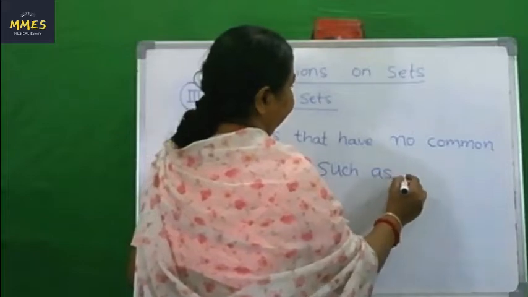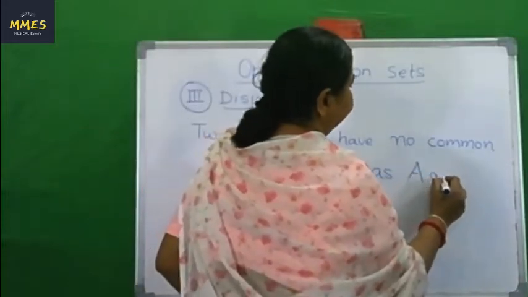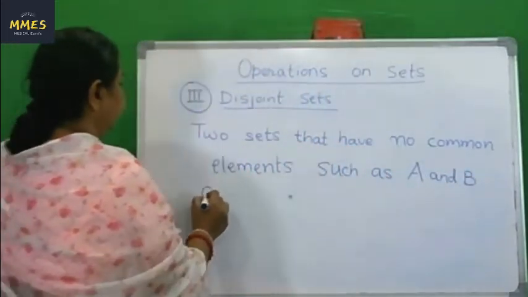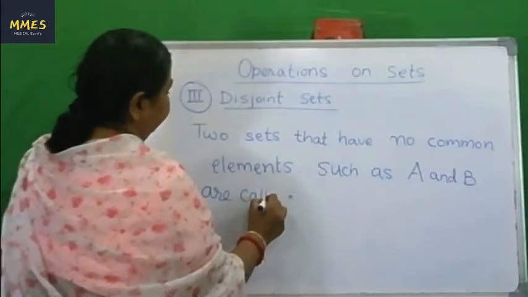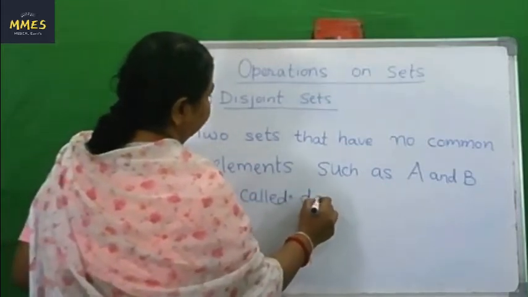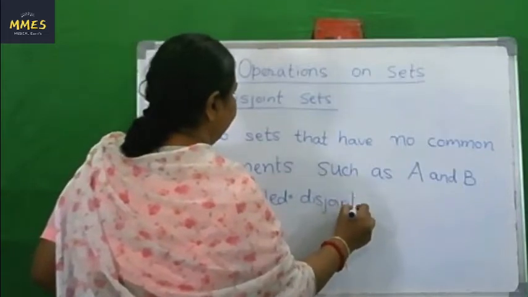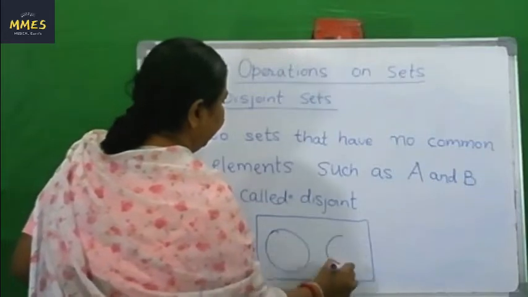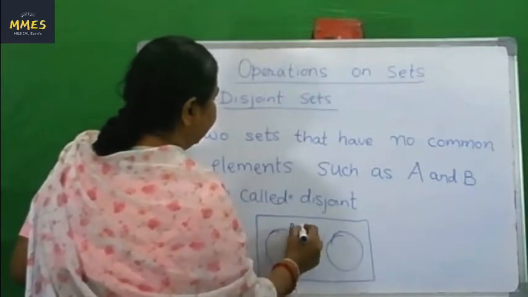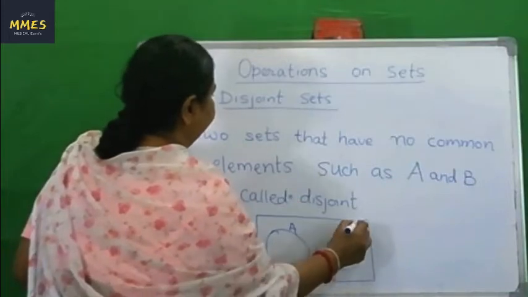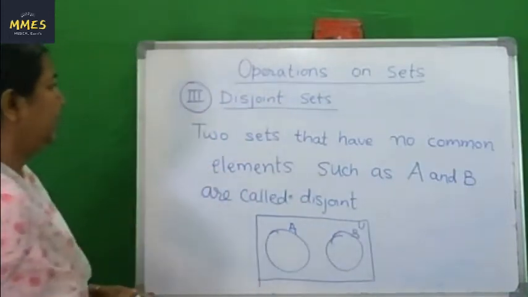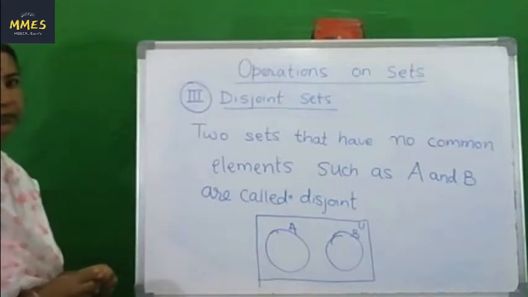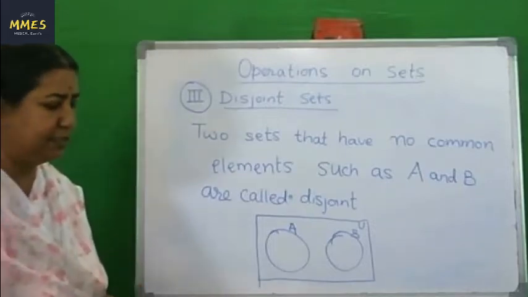Such as A and B, called disjoint. Using the Venn diagram, we can represent it in this form, A and B. In the earlier example, we had seen B and C as disjoint. So such sets that have no common elements are called disjoint sets.